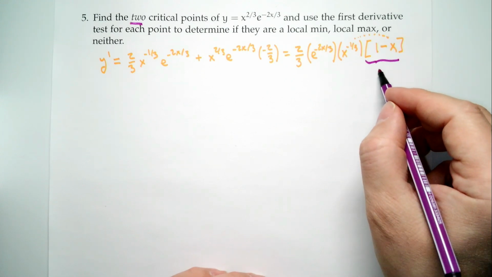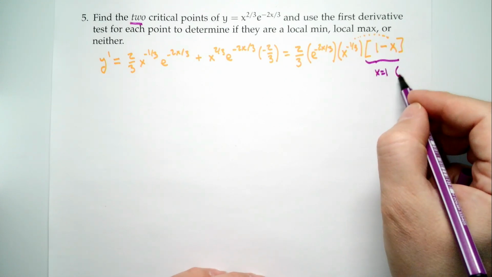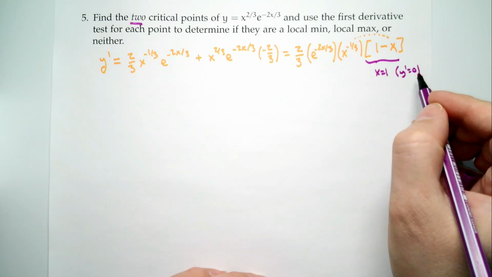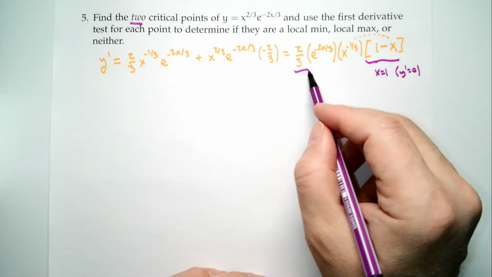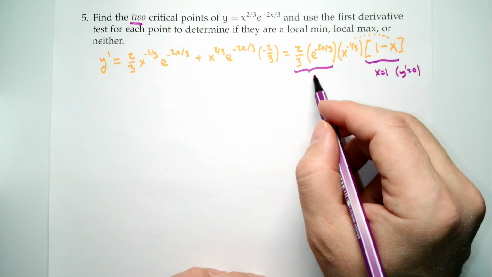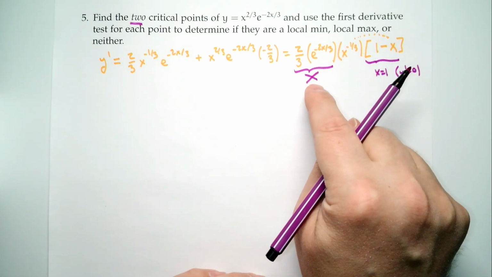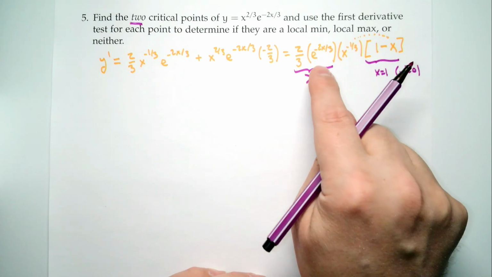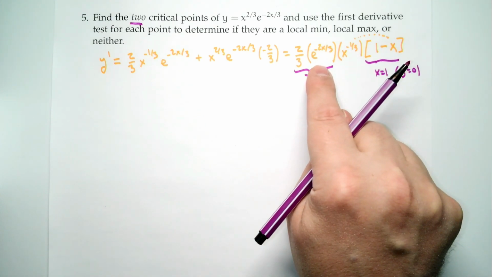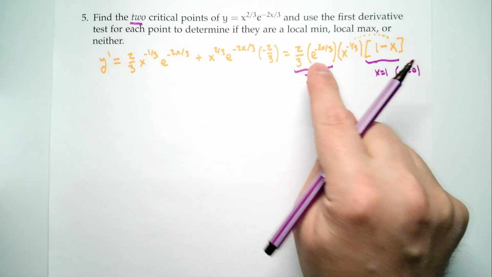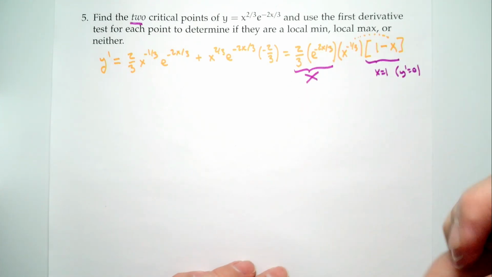It would be x equals 1, where the derivative equals 0. Is there anything from the other factors? Nope, nothing from there. Why? Because e to the -2x over 3 is always defined, and e to anything is positive, and 2/3 is always positive, so we're never going to get zeros out.